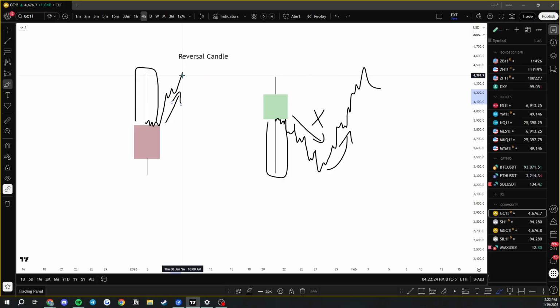That was the false move, the opposing move. Some people call it the Judas swing, and there's a little story behind why they call it that, and it helps make sense.